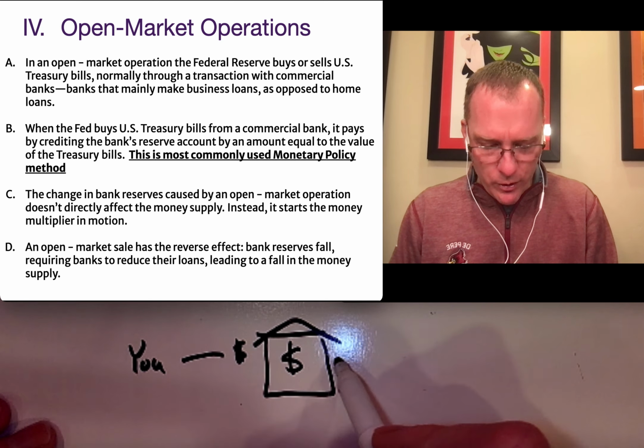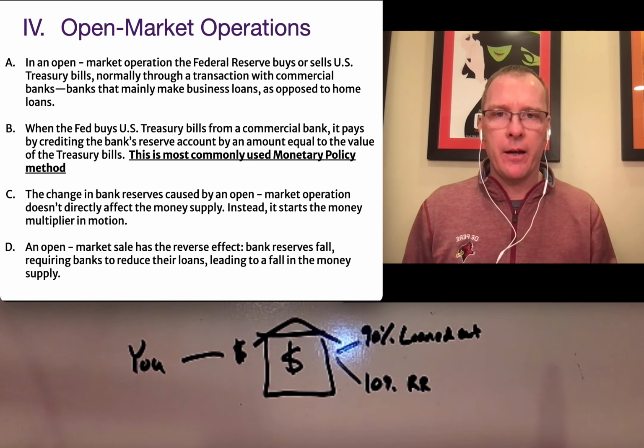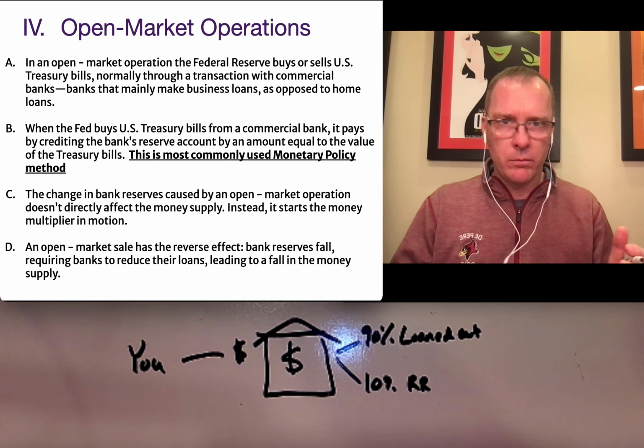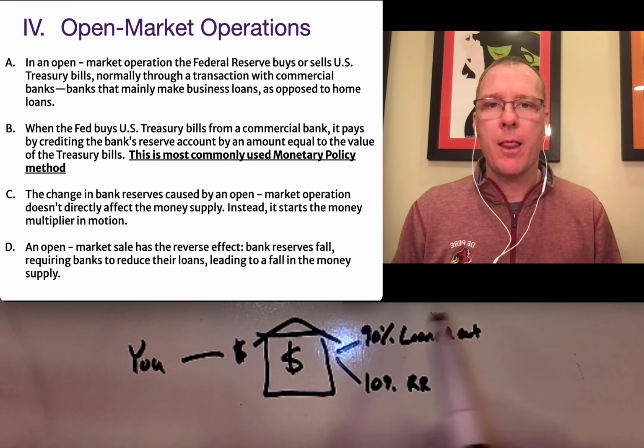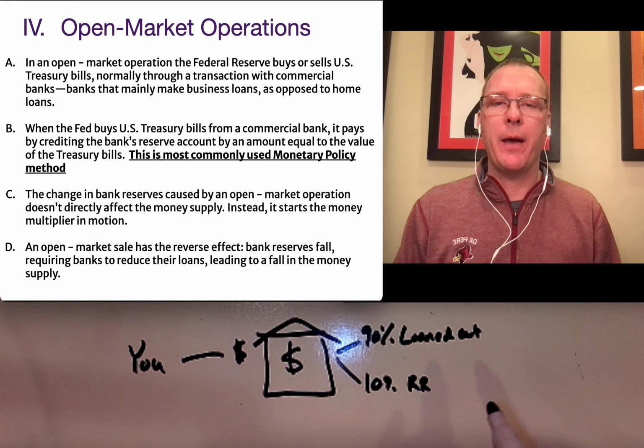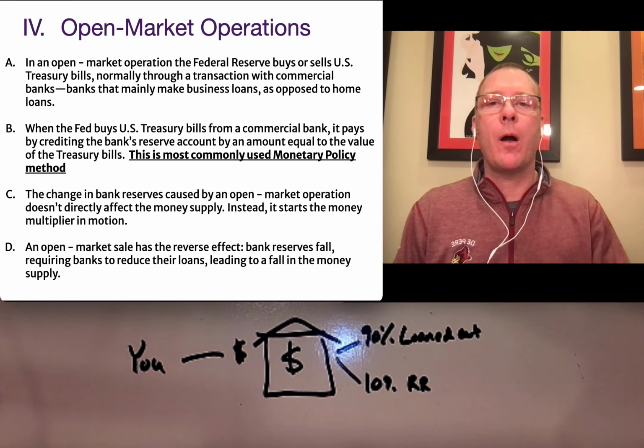Well, the bank has money in the bank, right? But they also have treasury bonds that the Fed will let the bank hold. So if the Fed wants less money loaned out, the Fed wants to make it harder for you to go borrow money.